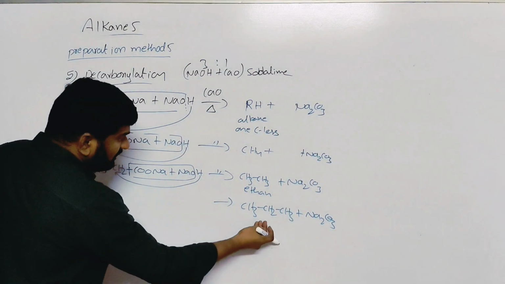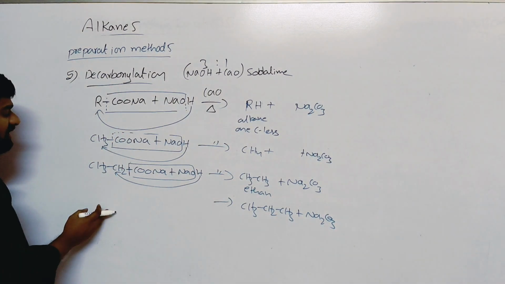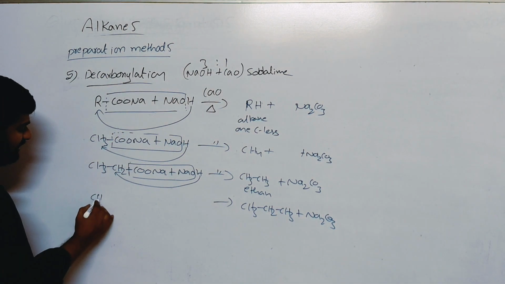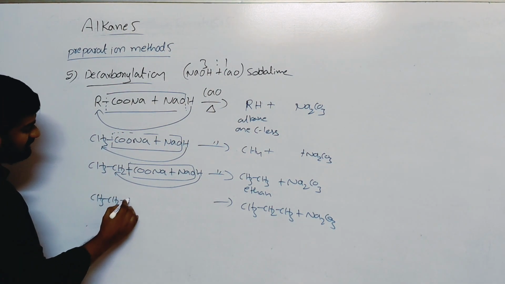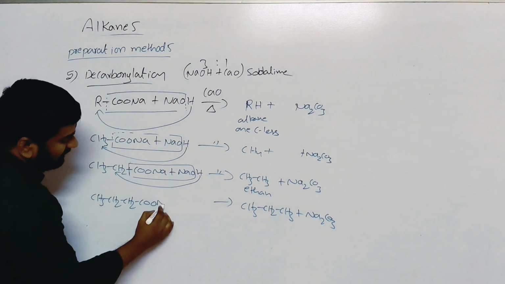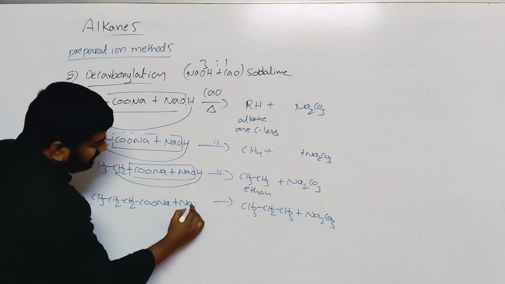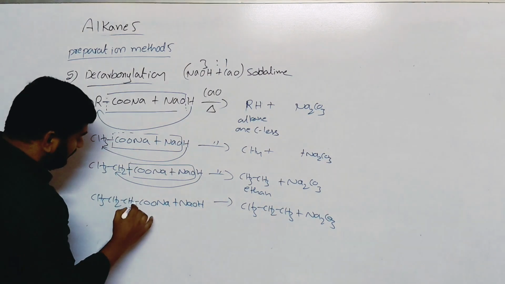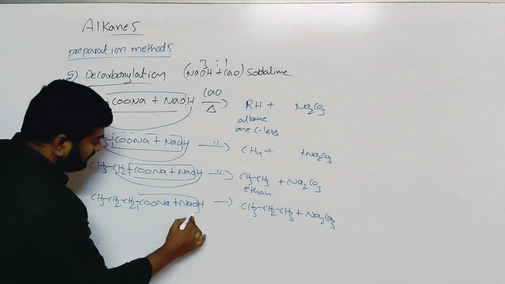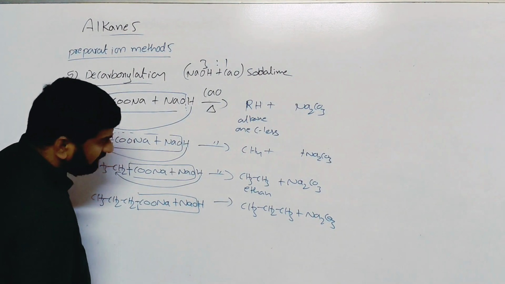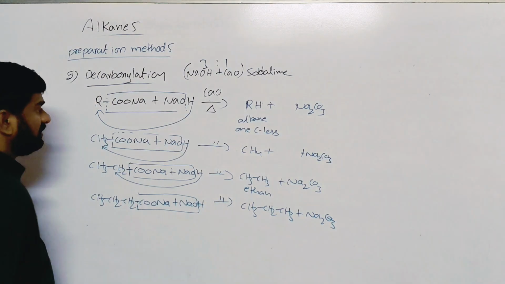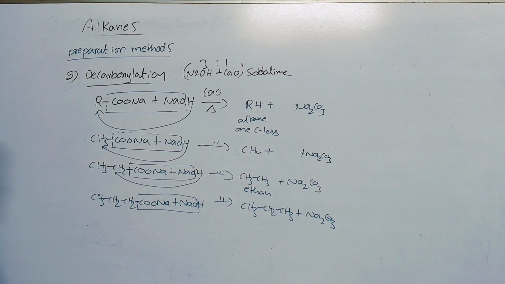Here 3 carbon containing alkane came means you write 4 carbon containing acidic salt, CH3CH2CH2COONa, sodium butanoate. When this is heated with NaOH, propane you will get in the decarboxylation reaction.